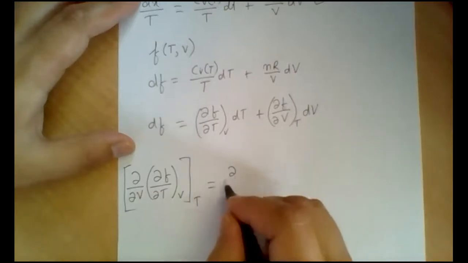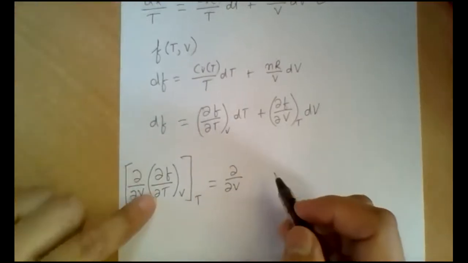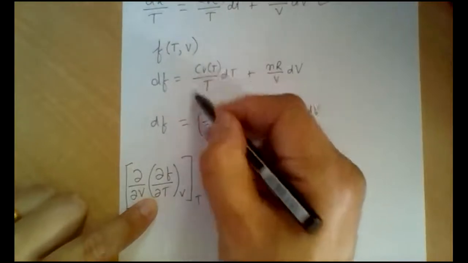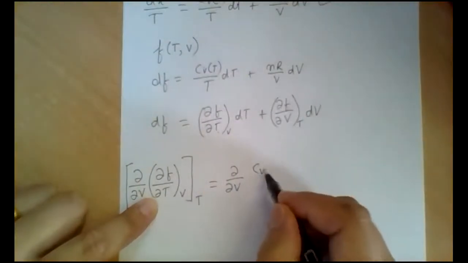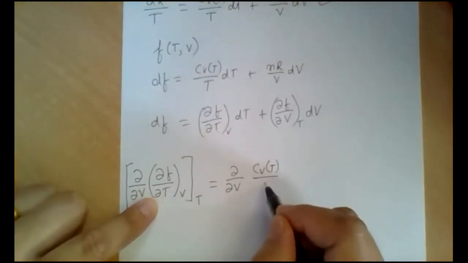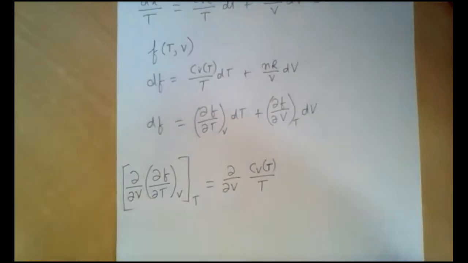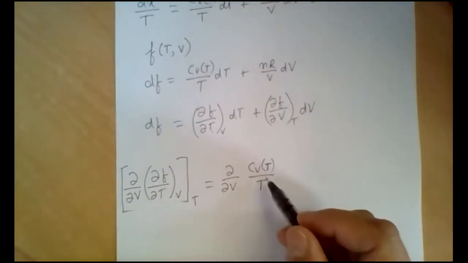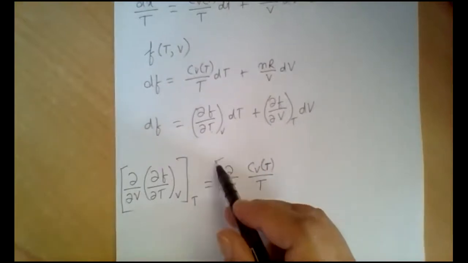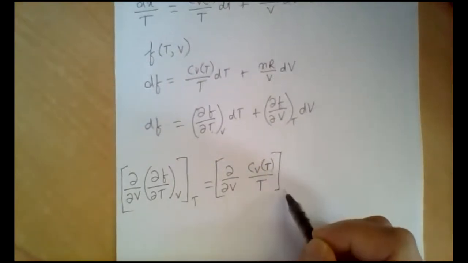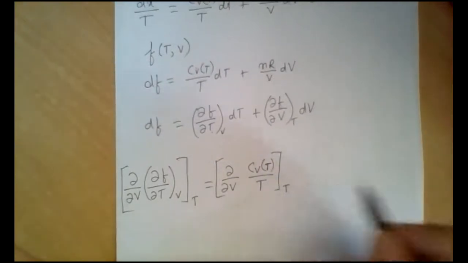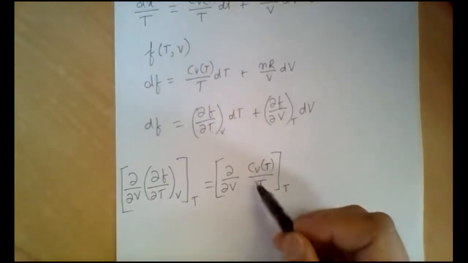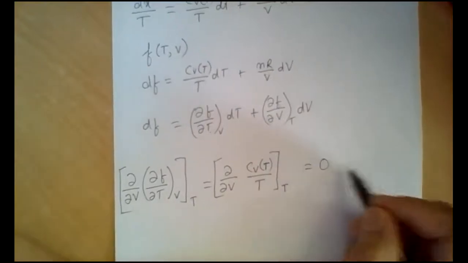This is equal to del by del V of del F by del T. When you compare this and this, del F by del T is given by CV(T) by T. Here we are calculating the partial derivative with respect to V at constant temperature. So T is a constant, this term is a constant. So this is 0.